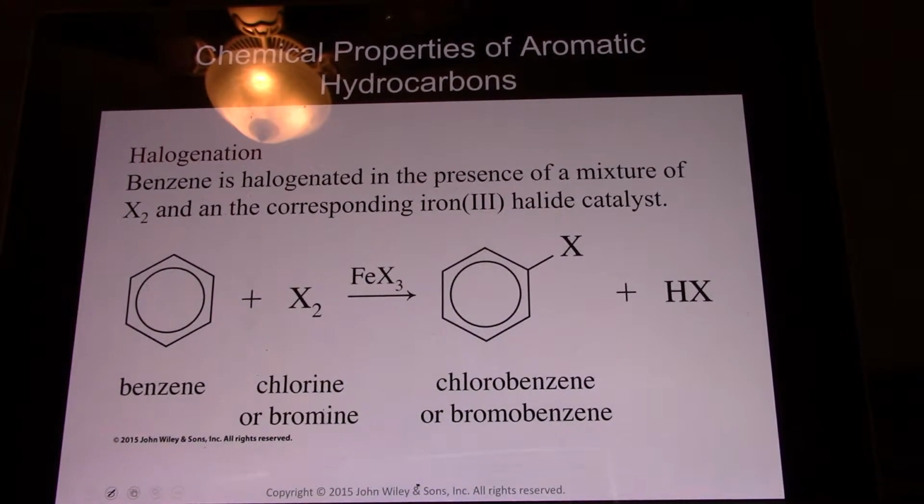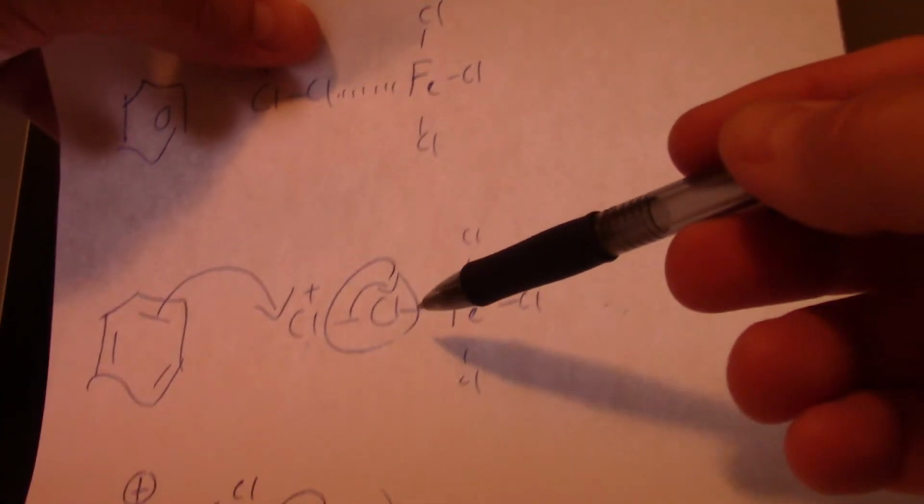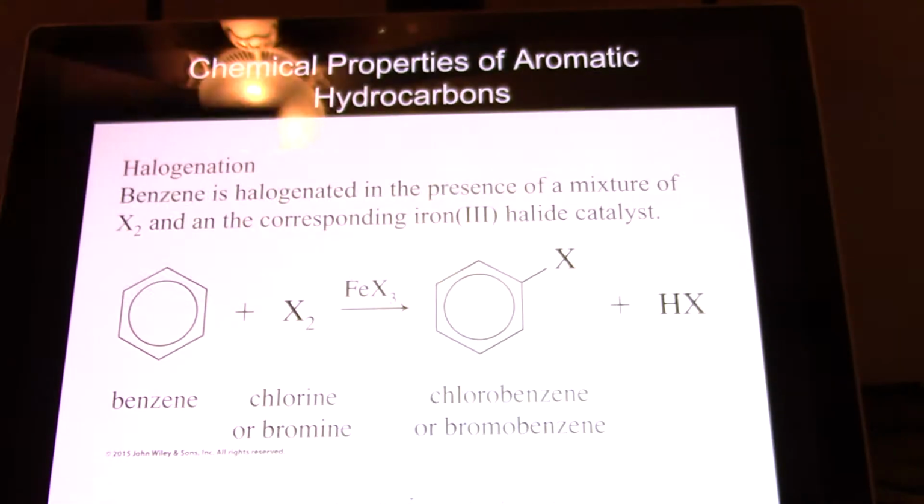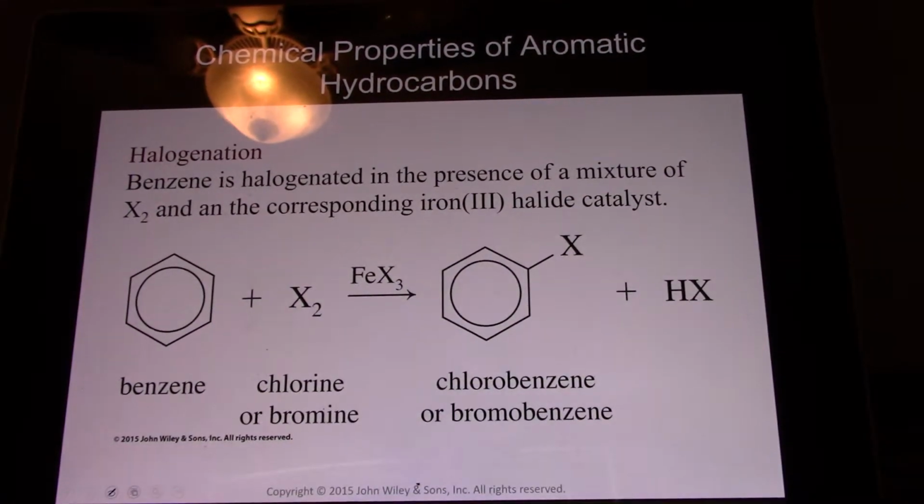So you lost a chloride here, and here's your H plus, and that is why you have the hydrohalogen when you're done.